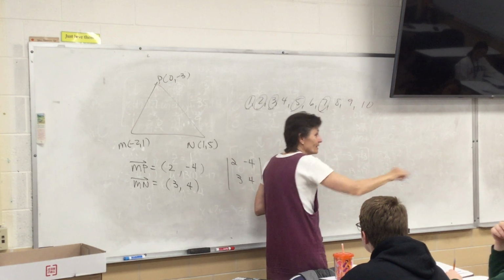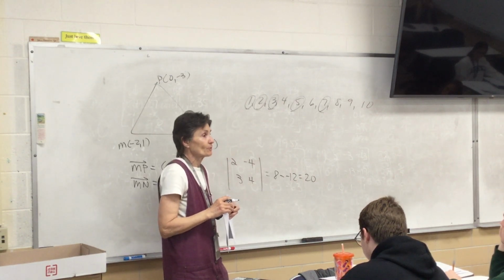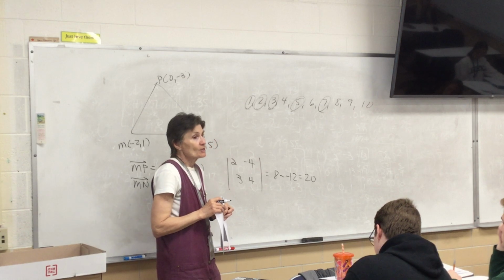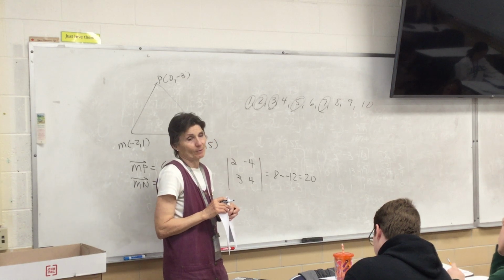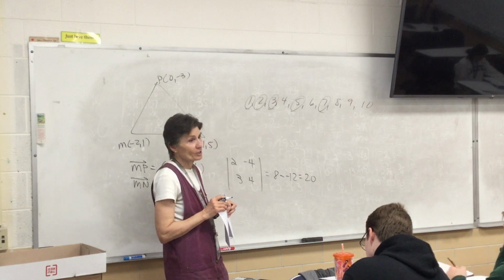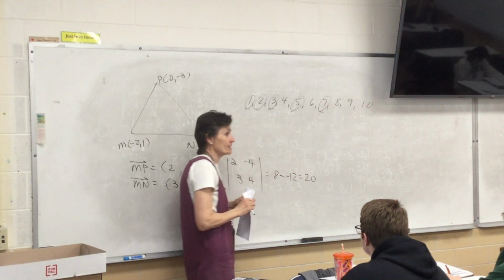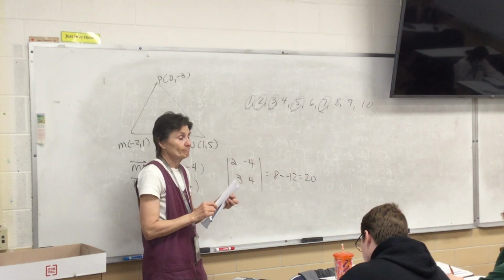What? One's not prime. Yeah, it's one of those picky little math things, but 1 is considered neither prime nor composite, so technically 1 is not a prime number. And that's just one of those picky little math situations. So 2, 3, 5, and 7 are the prime numbers, okay?